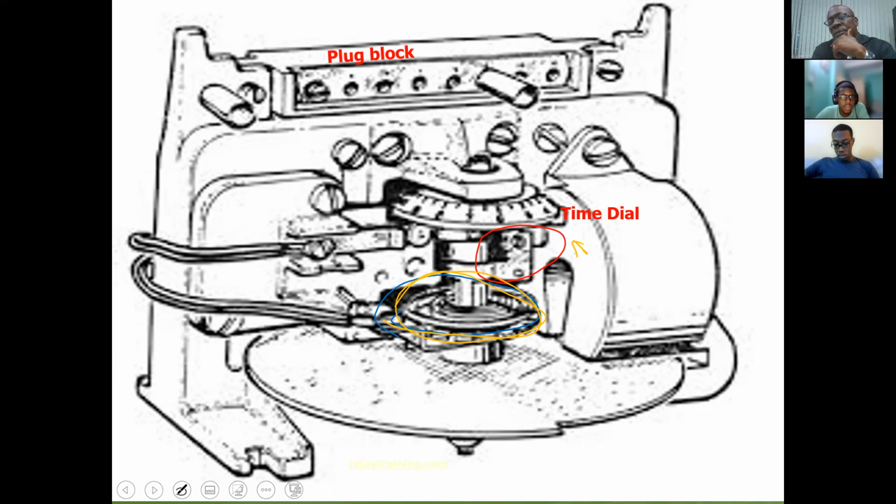So when you get to 0.5, that represents the smallest gap between the movable contact and the fixed contact, which is why it represents the fastest operation for your relay. With that gap as small as it is, when you move the disk, you'll close the circuit very quickly. Any questions?